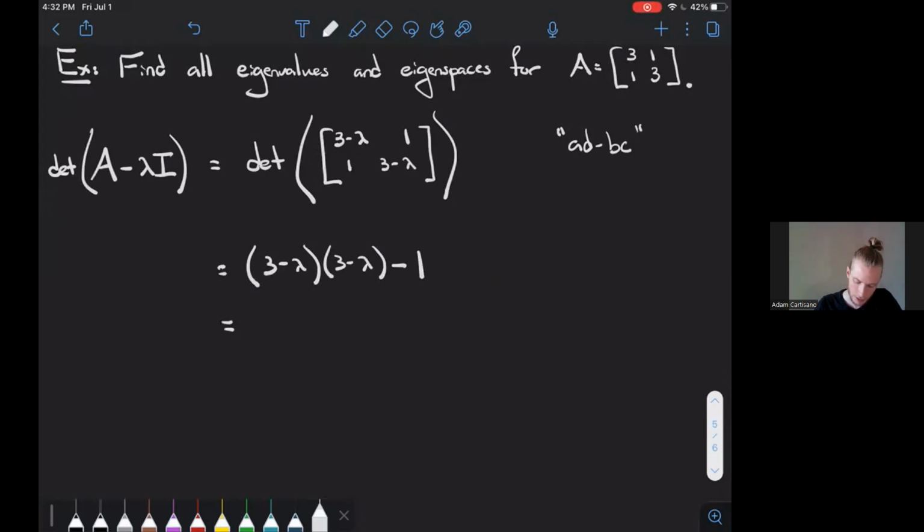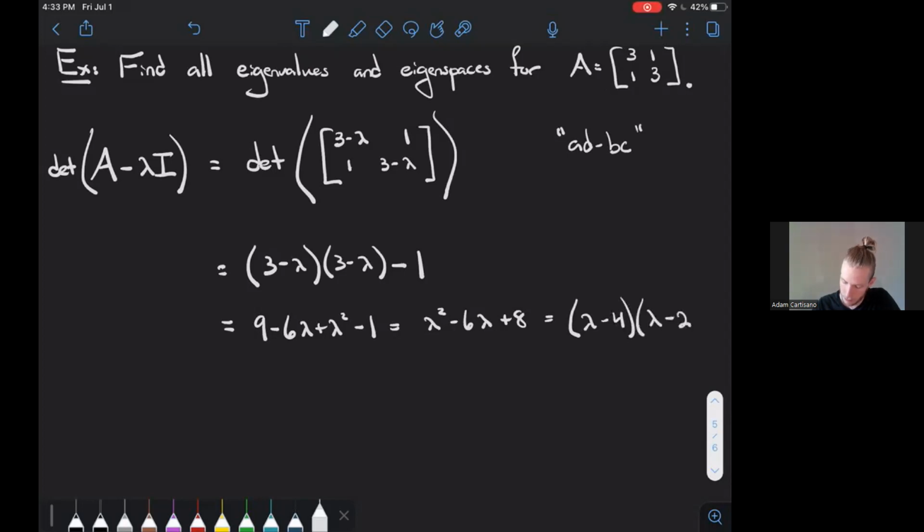This is 9 minus 6 lambda plus lambda squared, minus 1, which is lambda squared minus 6 lambda plus 8, which factors as lambda minus 4, lambda minus 2. A quadratic polynomial, we want to set it equal to 0. Lambda equals 4 and 2. Okay, great.